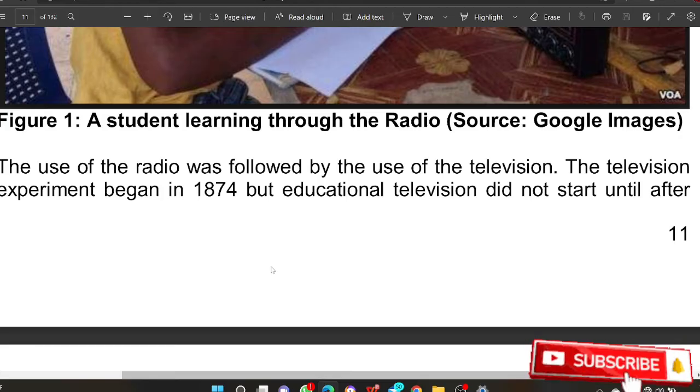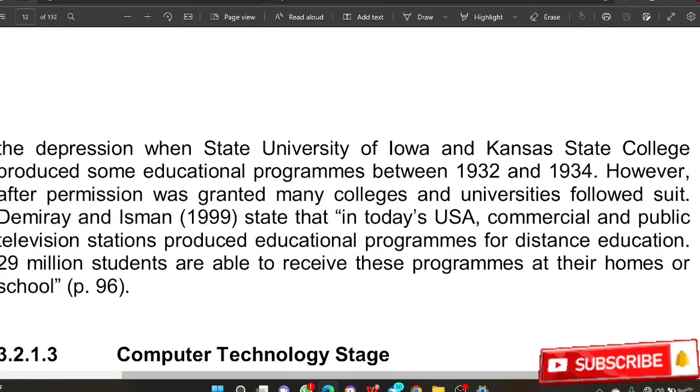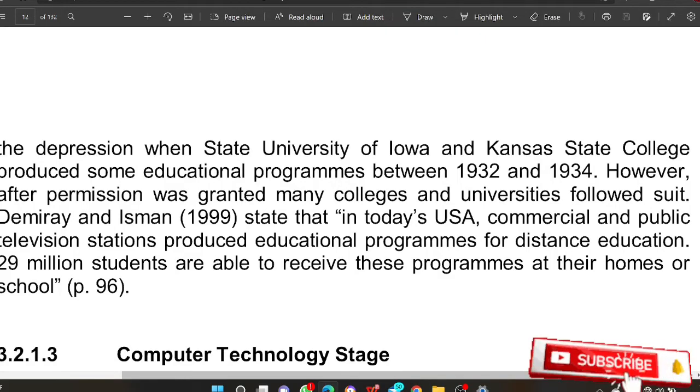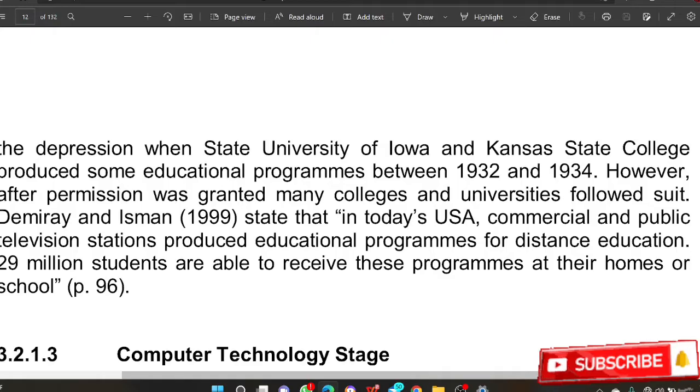The television experiment began in 1874, but educational television did not start until after the Depression, when State University of Iowa and Kansas State College produced some educational programs between 1932 and 1934.